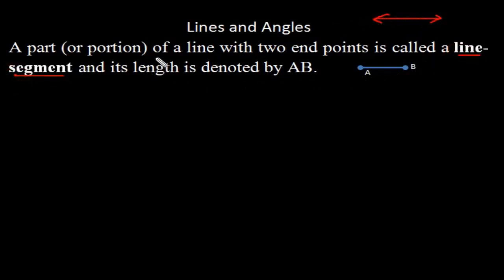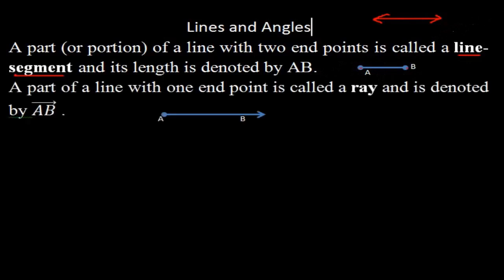A part or a portion of a line with two endpoints is called a line segment, and its length is denoted by AB. Here we have two endpoints. These are the endpoints. Now let us move to the next definition.